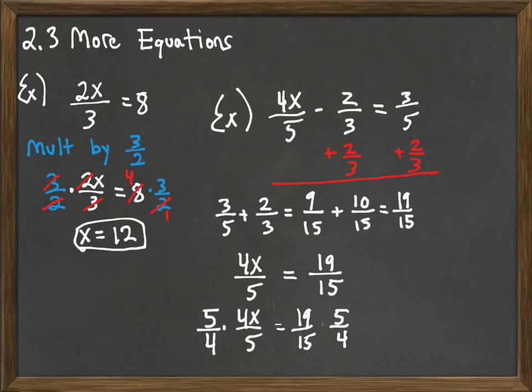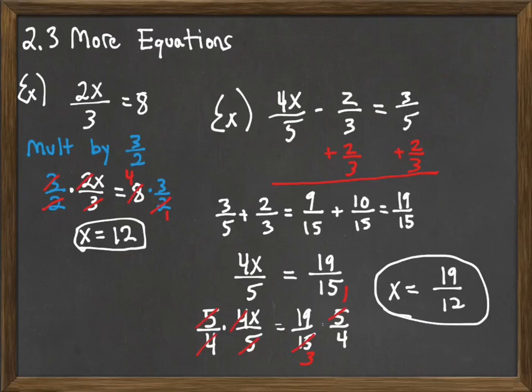Then we simplify as much as we can. The 5's cancel on the left, the 4's cancel, and on the right-hand side I can cancel that 5 with the 15 in the bottom. That's all the canceling I can do in this problem.